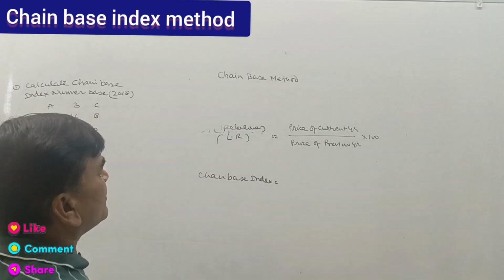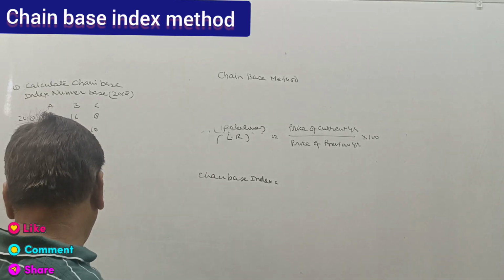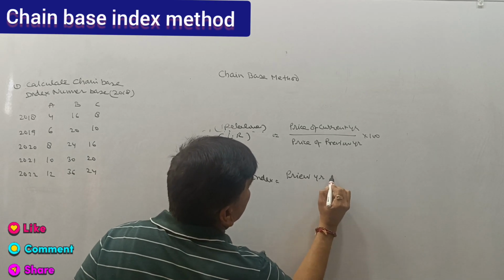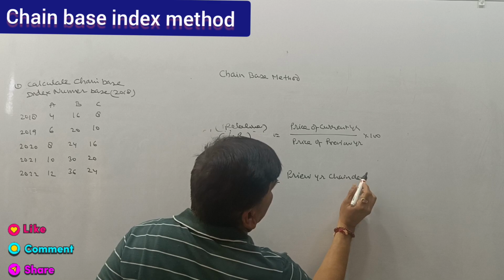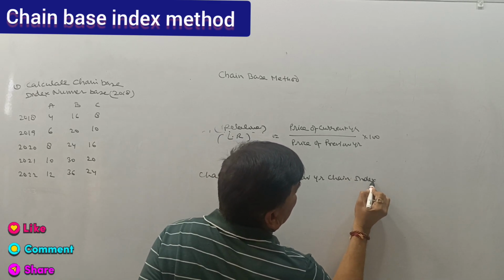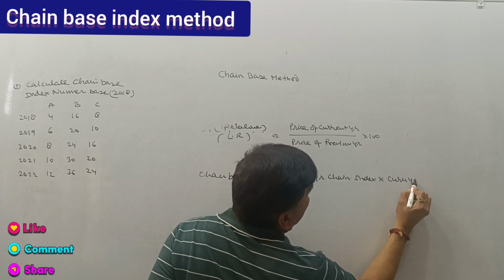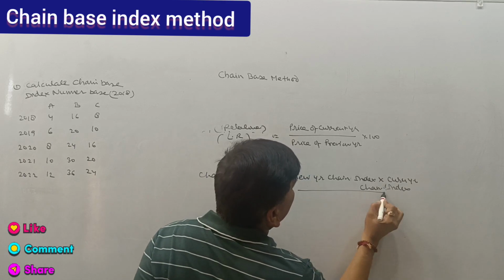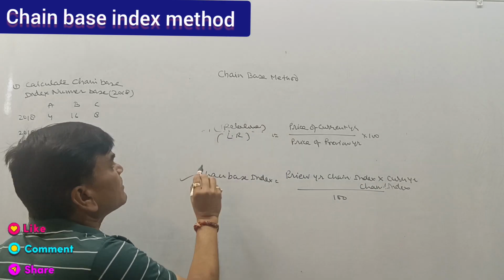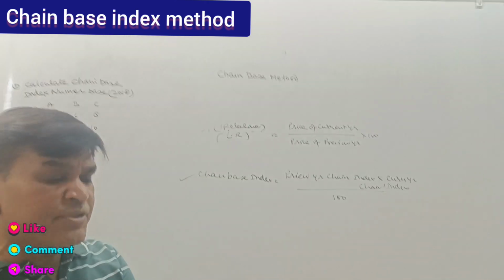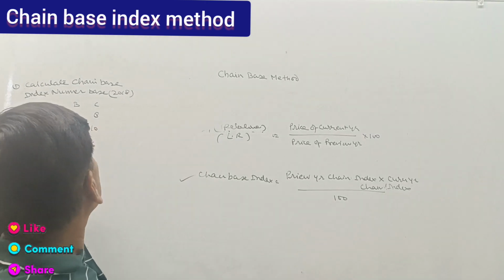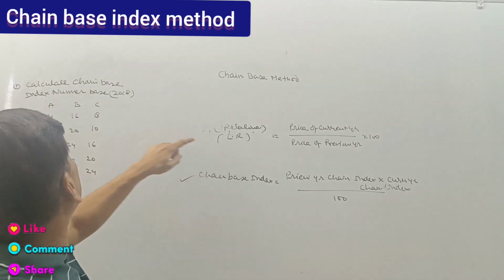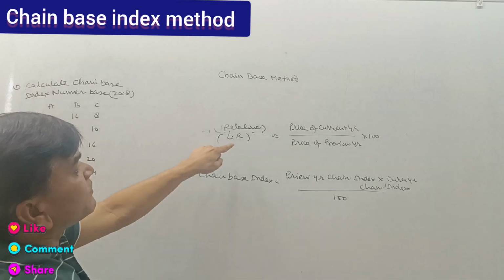Now the chain based index number is the previous year chain index multiplied by the current year link relative, divided by 100. For getting the relatives of the chain based index number, we do 6 divided by 4 multiplied by 100 for the link relative, and 8 divided by 6 multiplied by 100 for the next link relative.